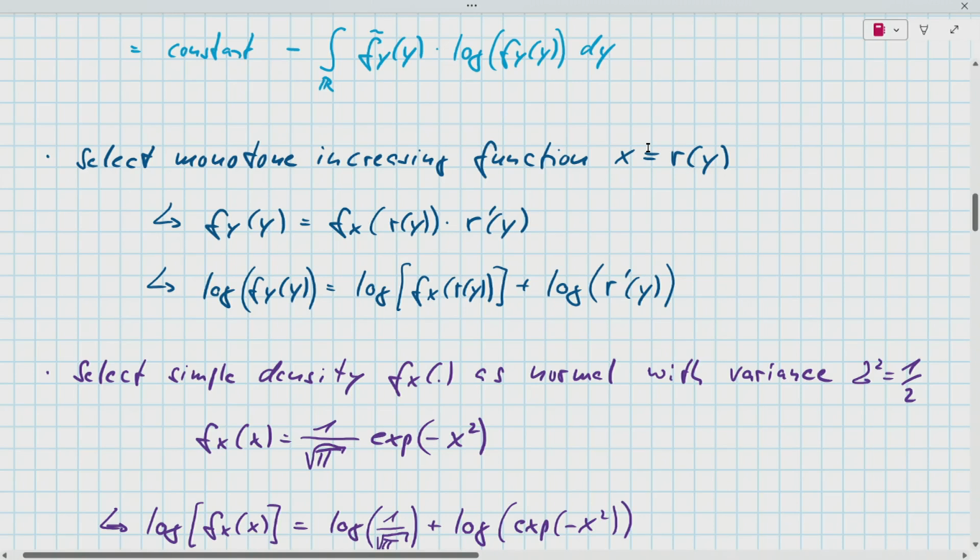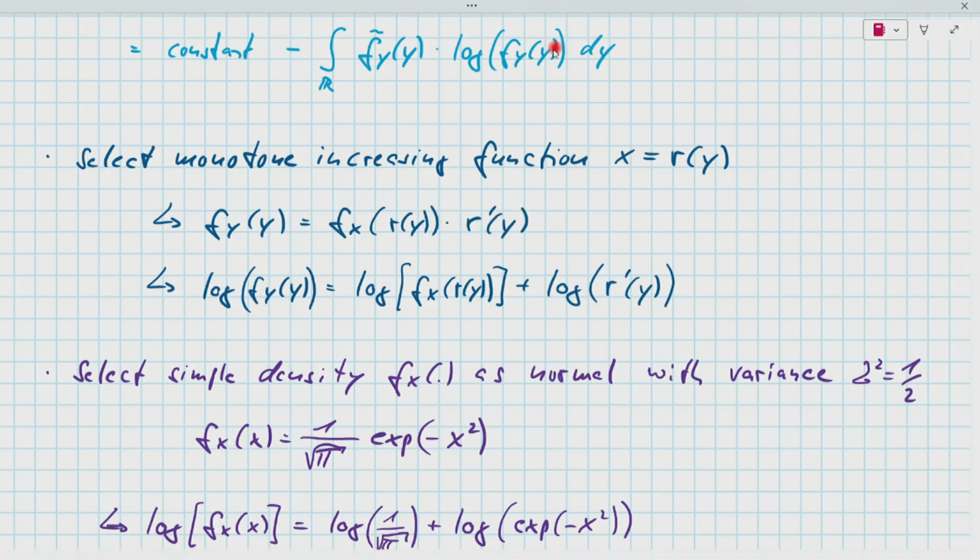Even if we find R and we want to sample from f_Y, we need to find the transformation T. So they are closely related. Let's assume we have a function class where we select these functions from, and these are all monotonic and increasing. Then I can remove the absolute value here. And so we have f_Y of y equal to f_X plugged in this R of y, the monotonic function, times its derivative.